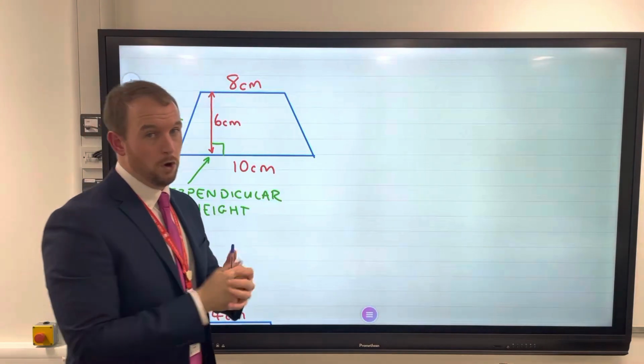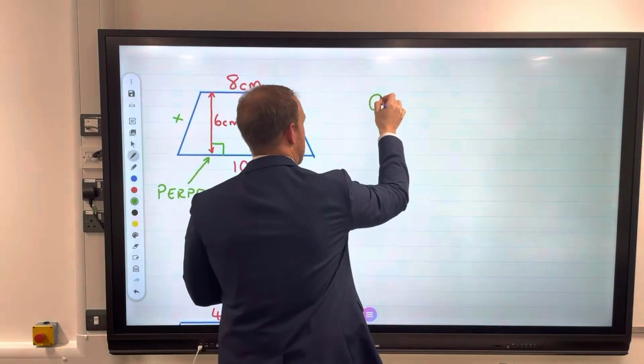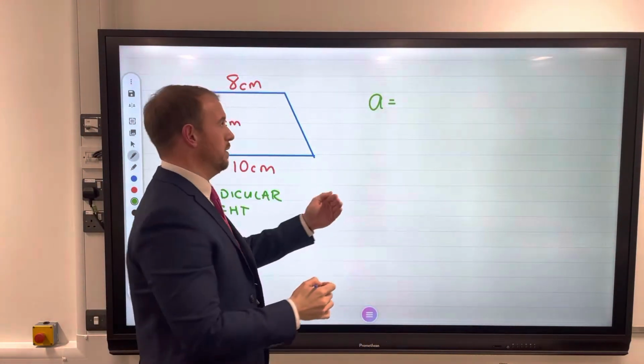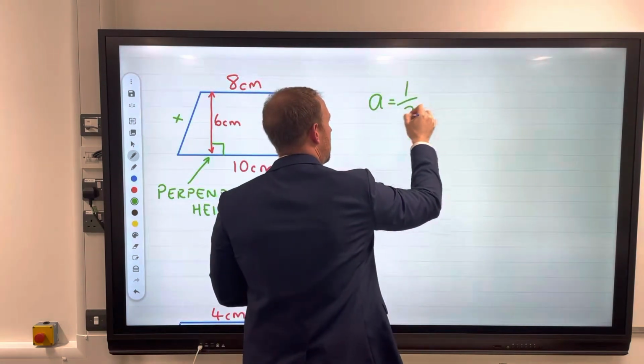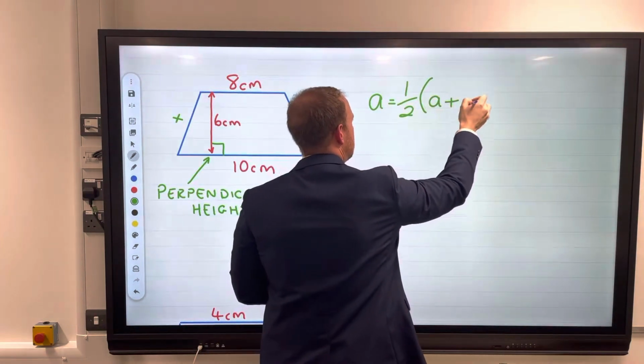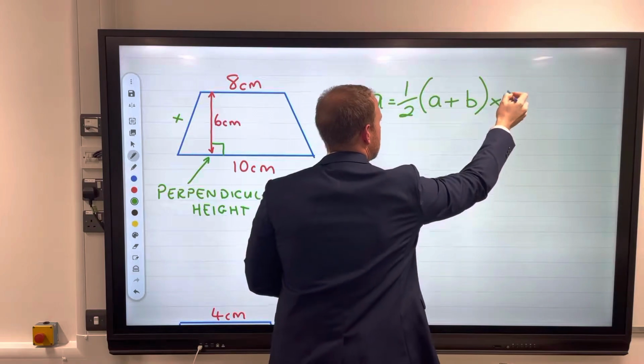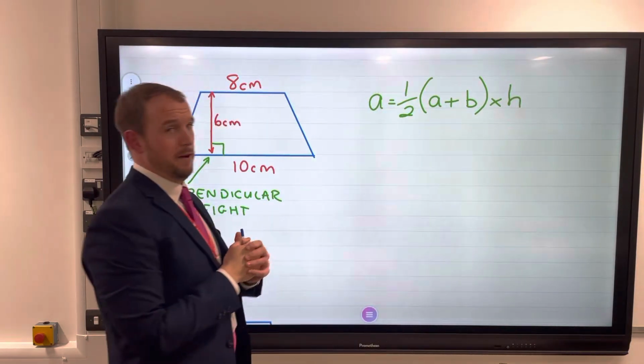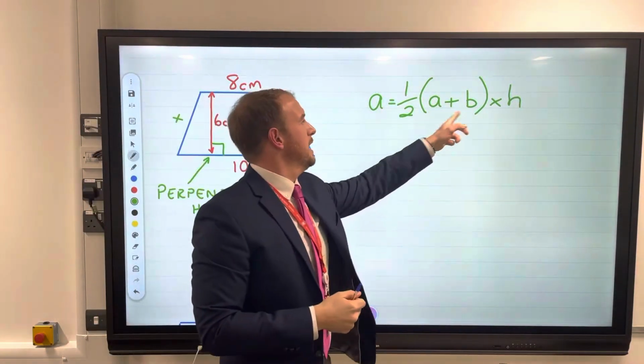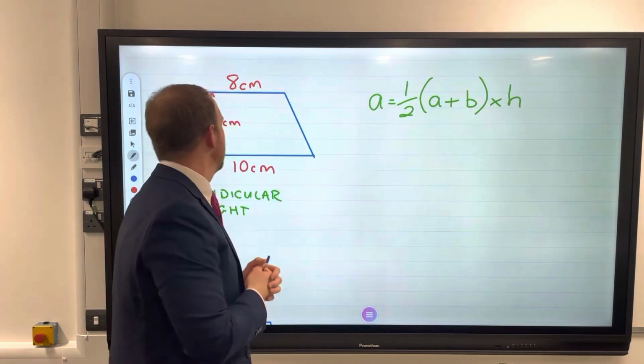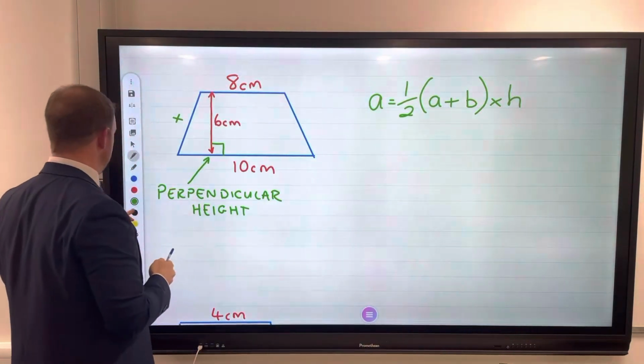Now the formula to calculate this is A equals, because area equals, half of A add B and then times H. However, you're probably wondering what this A and B are here. They are these two here.